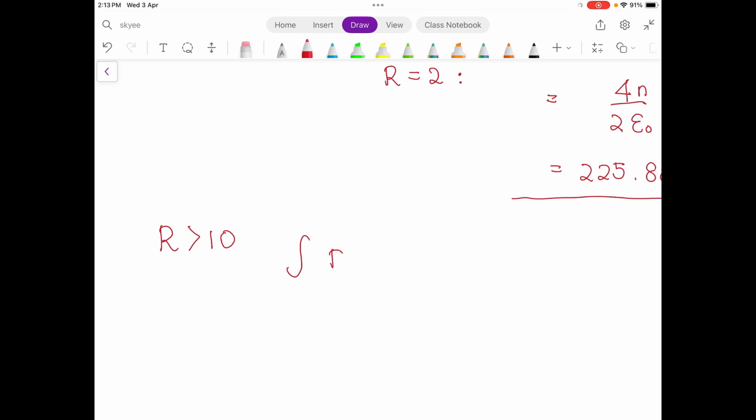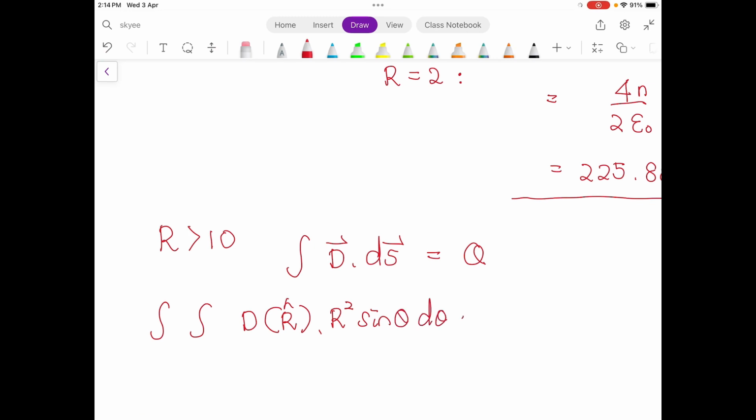We start from here again. Basically this part is the same: D is in the outward direction, then you have R squared sine theta d theta d phi.